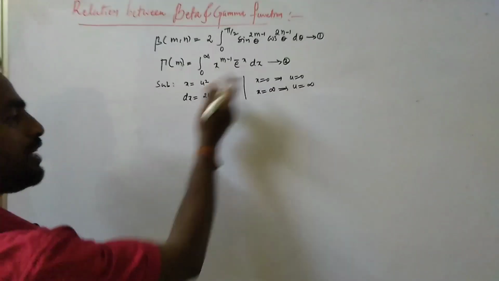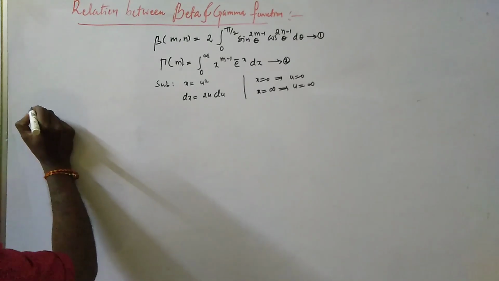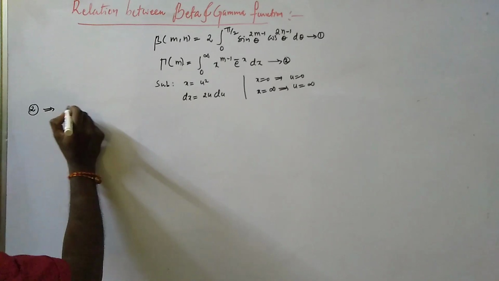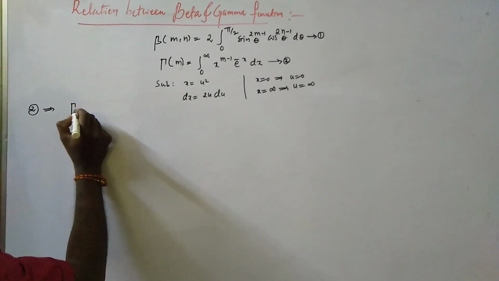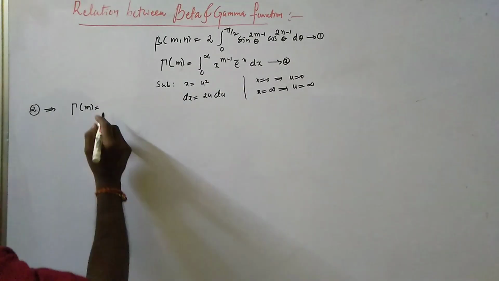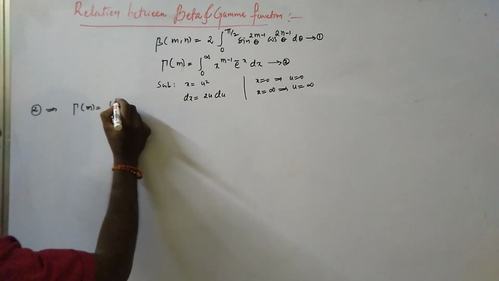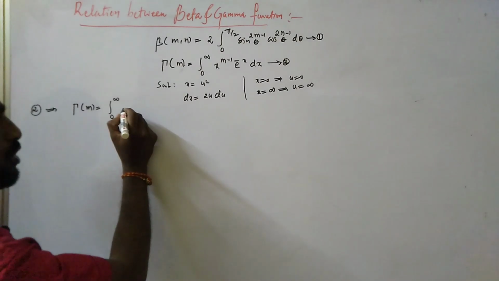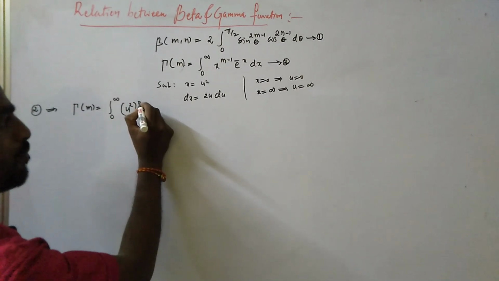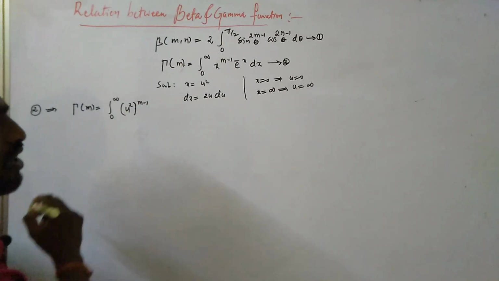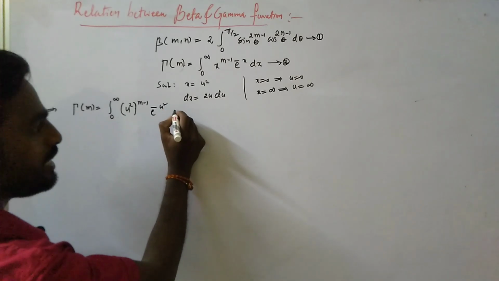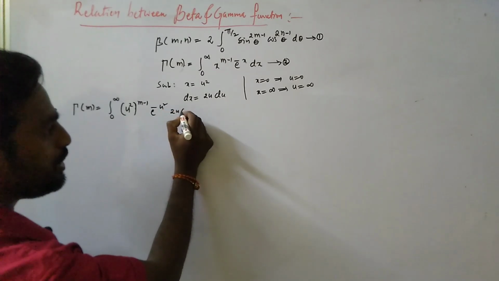So equation 2 can be written as follows. Gamma of m is not changed, only the expression will be changed. That expression is integral 0 to infinity of u power 2 to the power of m minus 1 e power minus u square, with dx equal to 2u du.